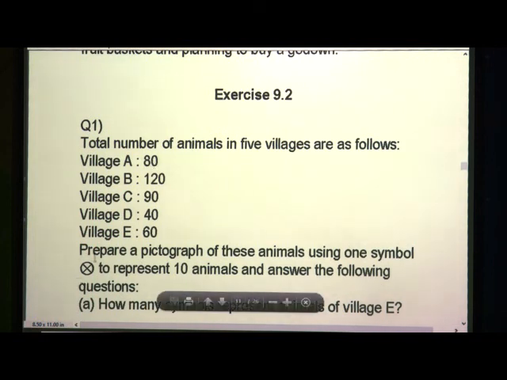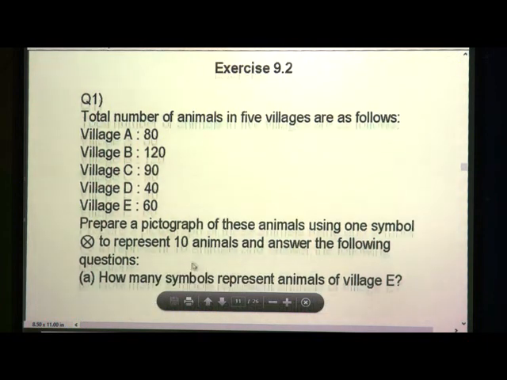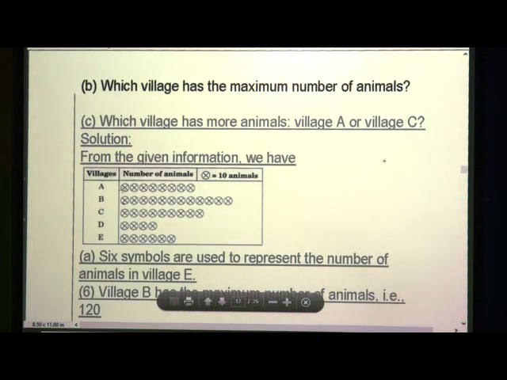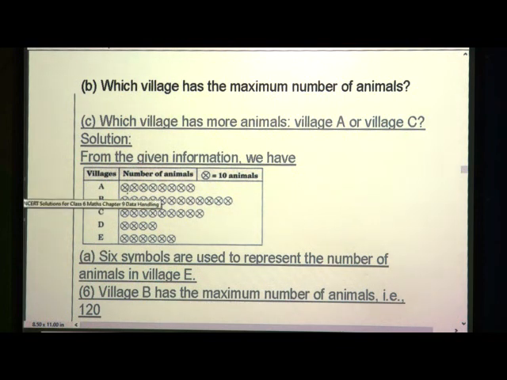We need one symbol to represent 10 animals. So how many symbols do we need to draw? We need to draw 8. 1, 2, 3, 4, 5, 6, 7, 8. 8 tens are 80. So A has 80 animals.